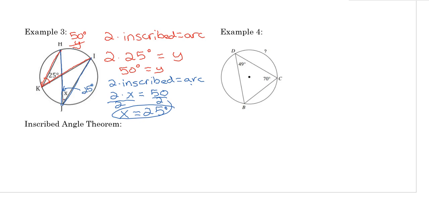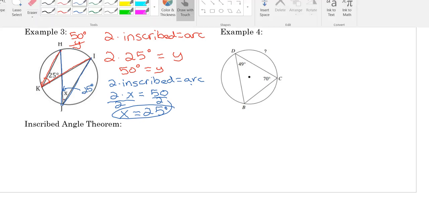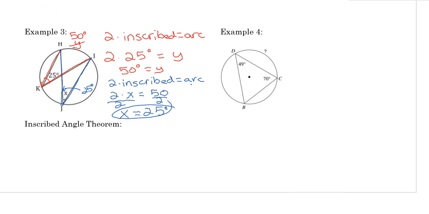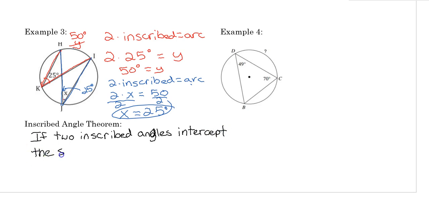And this is actually a theorem that we call the inscribed angle theorem, what we just found. The inscribed angle theorem states that if two inscribed angles intercept the same arc, then the angles are congruent.